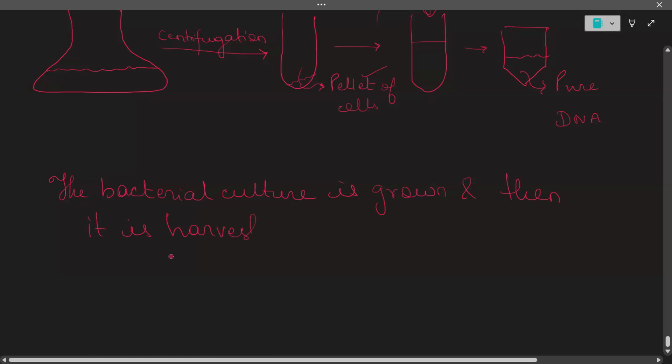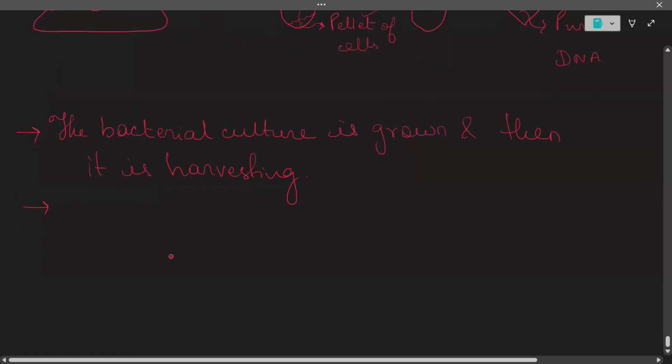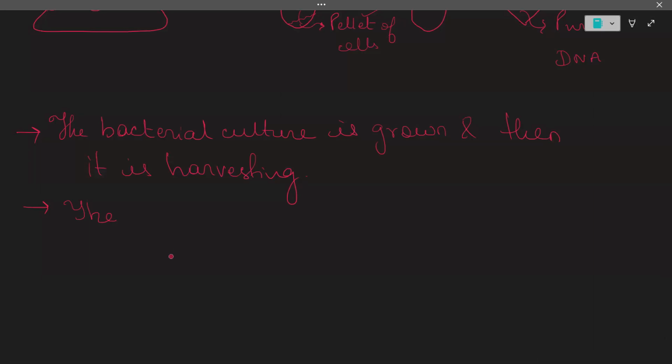What is harvesting? No one knows harvesting. Like how you do rainwater harvesting, you do harvesting in the field of agriculture also. Harvesting means to collect something, right? So after the bacterial culture has been grown, you collect it.